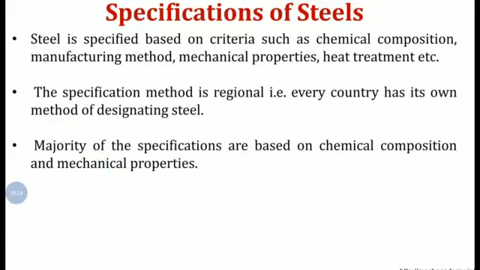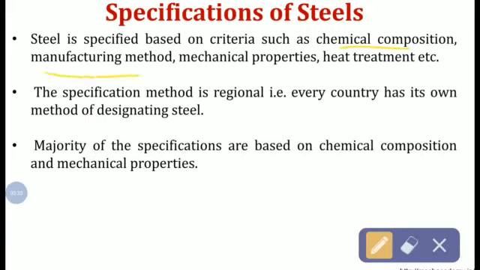So basically, steel is specified based on criteria such as chemical composition, manufacturing method, mechanical properties, heat treatment, etc. Every country has a different way of specification. The majority of specifications are based on chemical composition, because the chemical composition throws light on the probable heat treatment that can be given and the resulting mechanical properties.